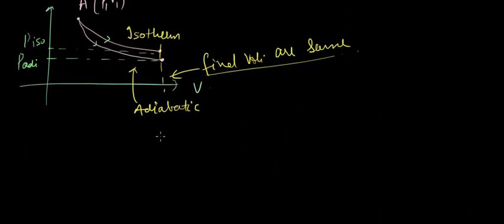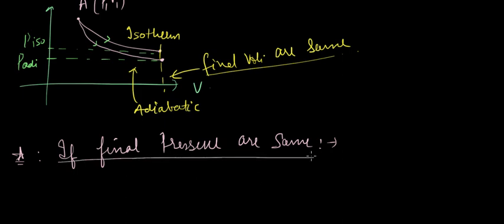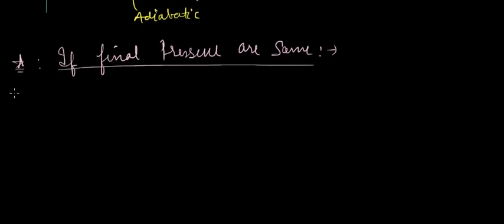Okay, so now next case is if final pressures are assumed to be same, or rather are given to be same. So if final pressures are same, again we have this graph between P and V. So final pressures are same, so this would be the curve for adiabatic process.